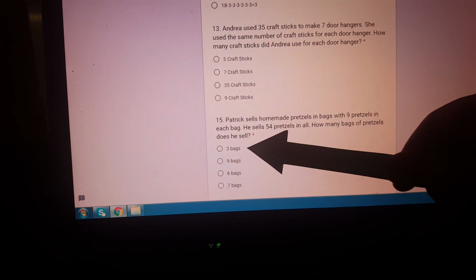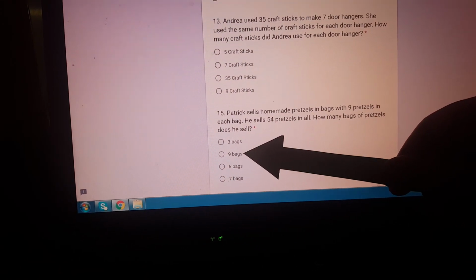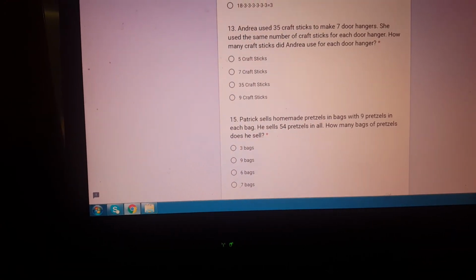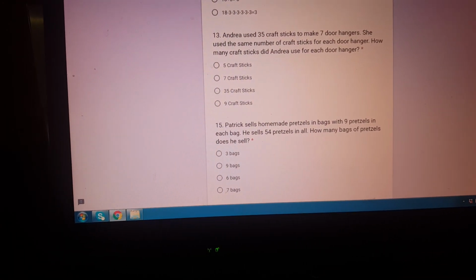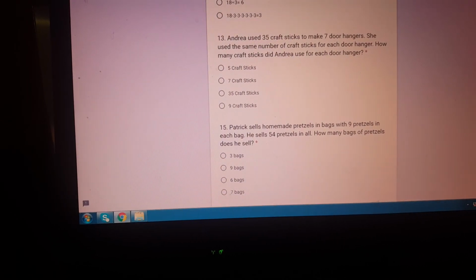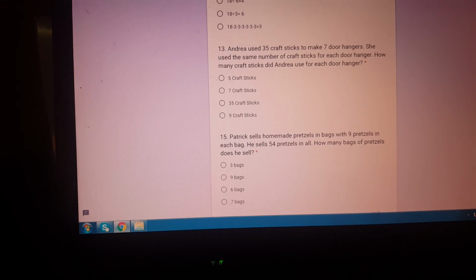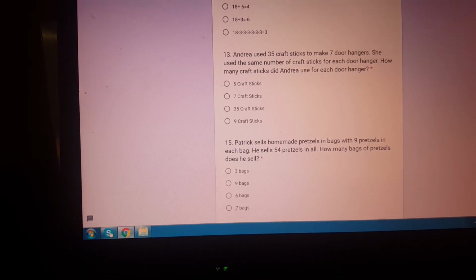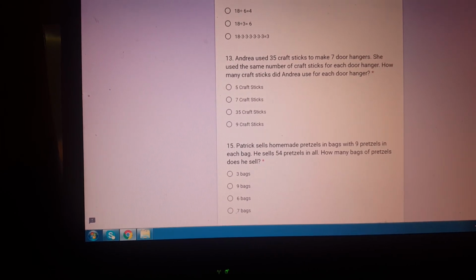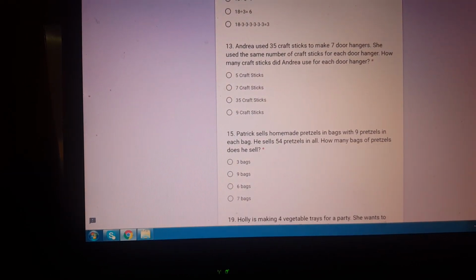Does he sell 3 bags? Does he sell 9 bags? Does he sell 6 bags? Does he sell 7 bags? Take your time. When you finish, pause if you need more time. When you finish, we're moving on to the next one.